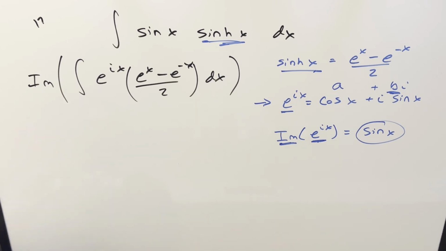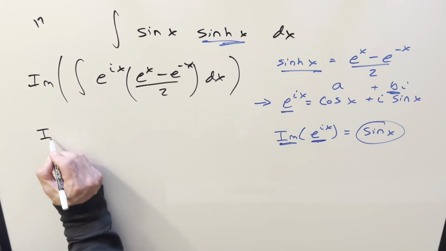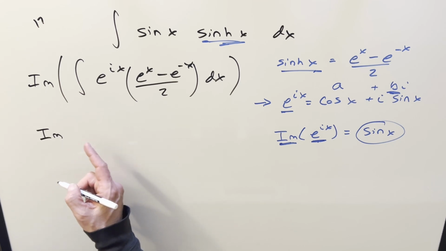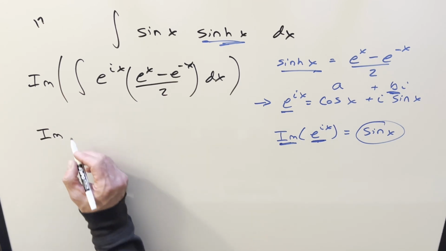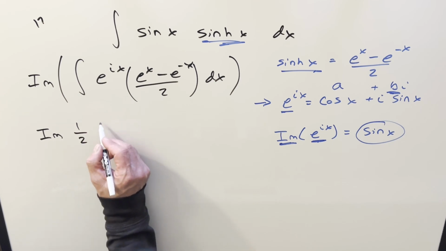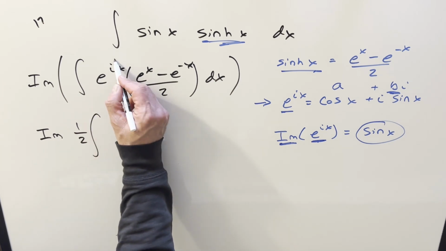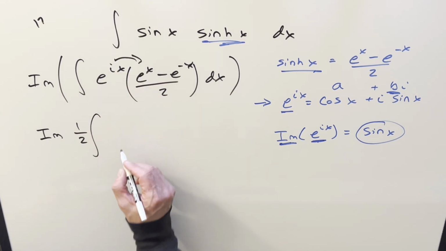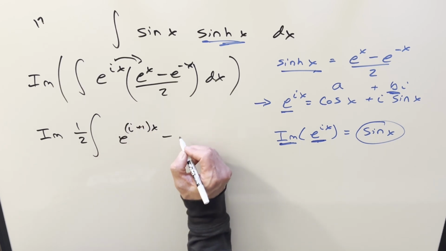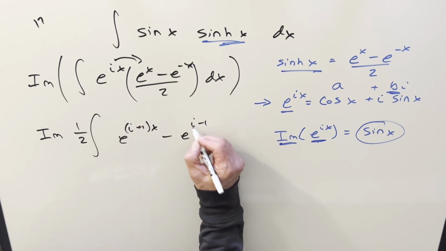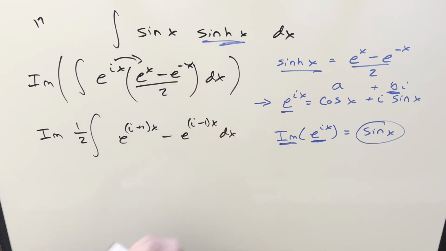I'll probably forget the imaginary part at some point, but we're going to need it in the end in order to solve it. I could take this half out as a constant. Then distributing this into each term, we're going to have e^((i+1)x) minus e^((i-1)x) dx.